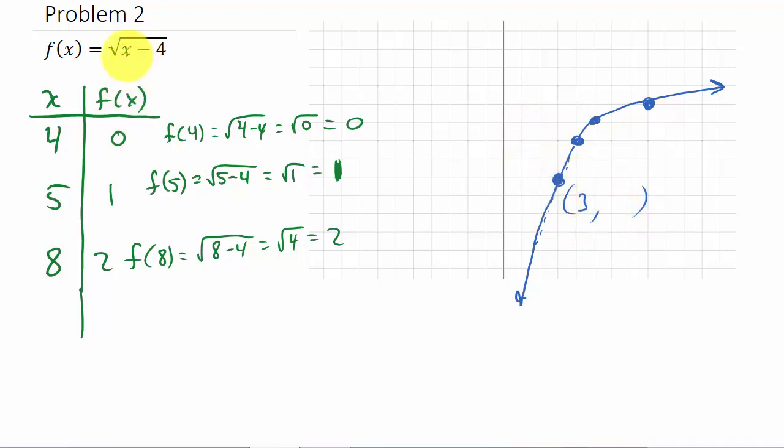Well, plug 3 in. 3 minus 4 is -1. What's the square root of -1? It's an imaginary number. So that's why you can't choose numbers that make underneath the square root negative. Okay, so the graph starts here, but it continues this way forever, and you can see it's increasing.